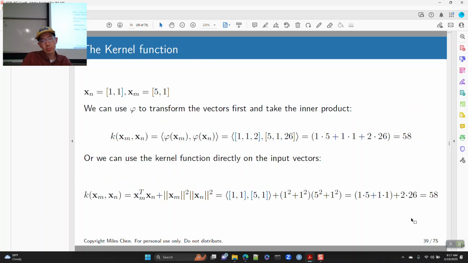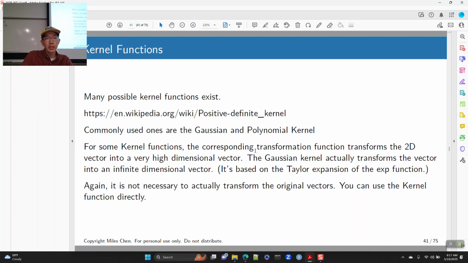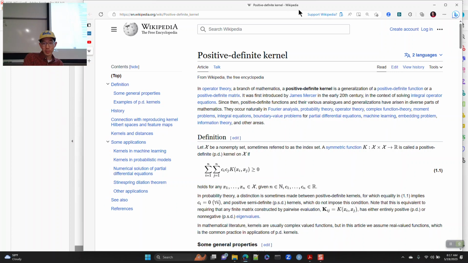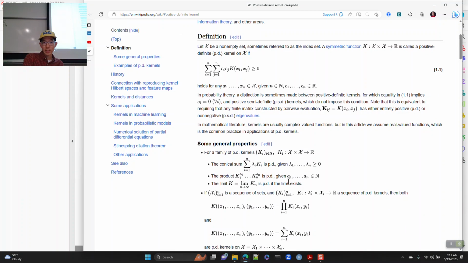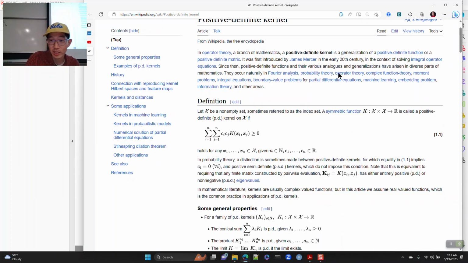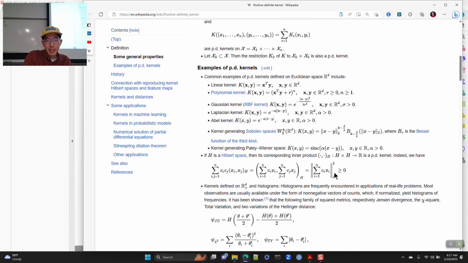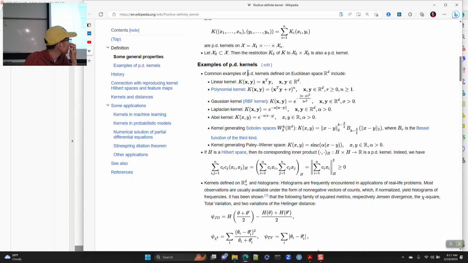This particular kernel function is equivalent to using this transformation function, and we have other possible kernels. If you look at the positive definite kernels, there are all sorts of them, but the popular ones I would say are the linear kernel.